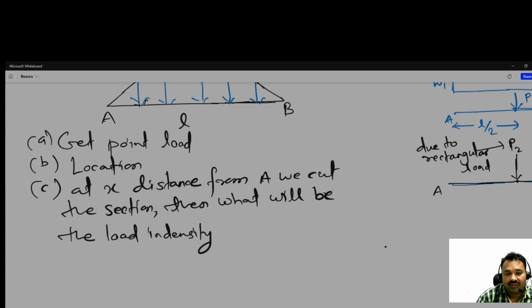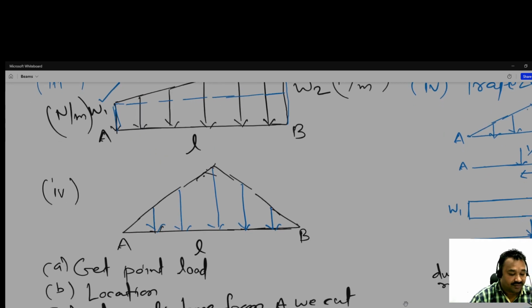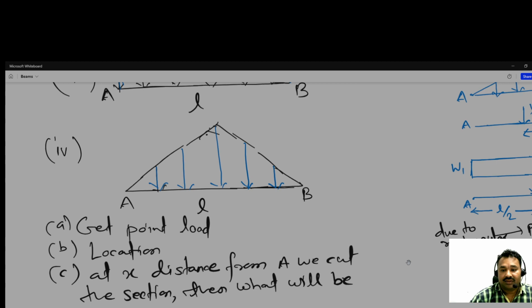This is the beam AB of length L and it is symmetric. Okay, and this load has the maximum height W Newton per meter.